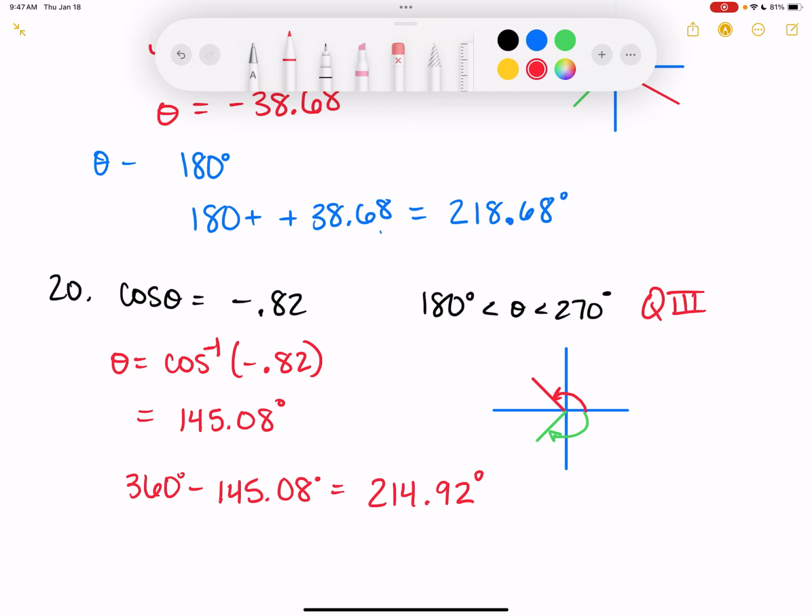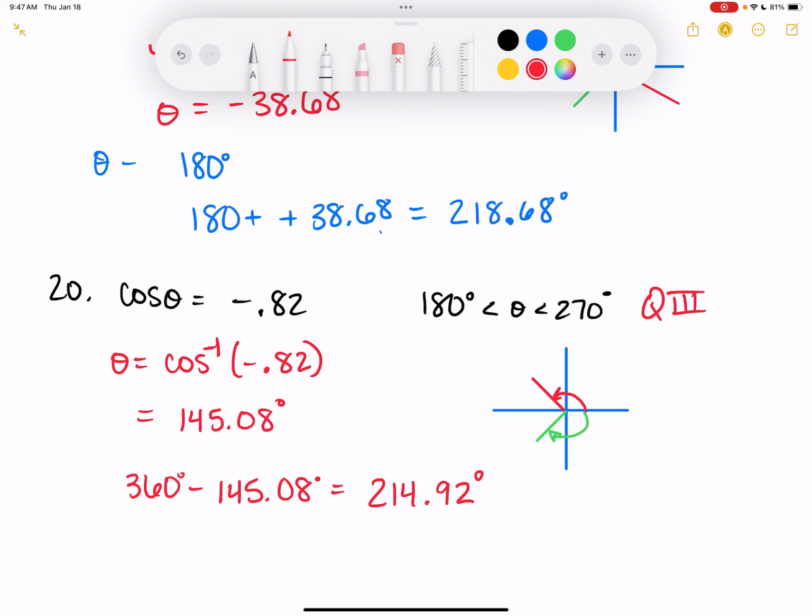So these ones are honestly just what kind of makes sense to get it there. If adding 180 doesn't work, subtracting 180 doesn't work, add 360, it's basically kind of like trial and error till you get one that works. There's not really a good explanation of how to get there.